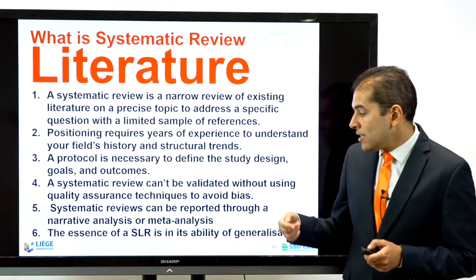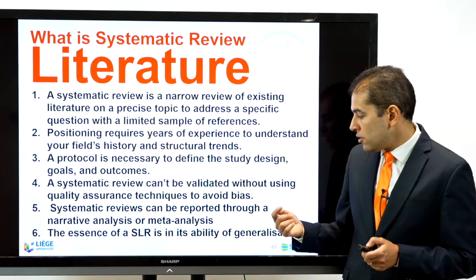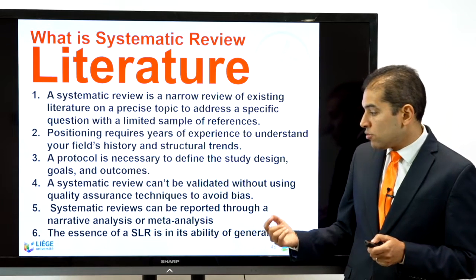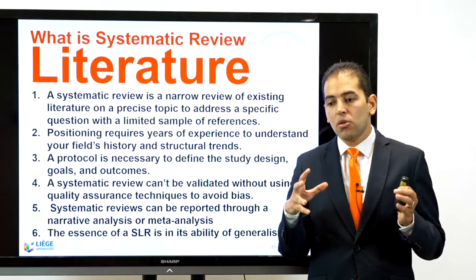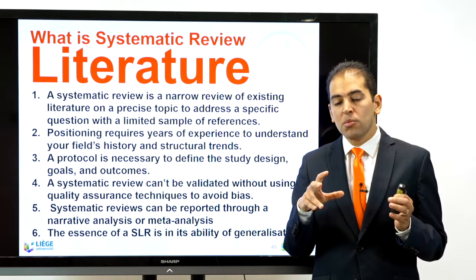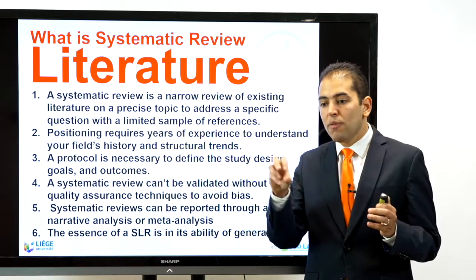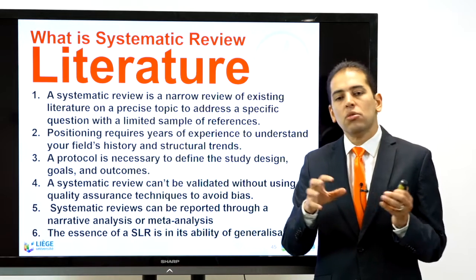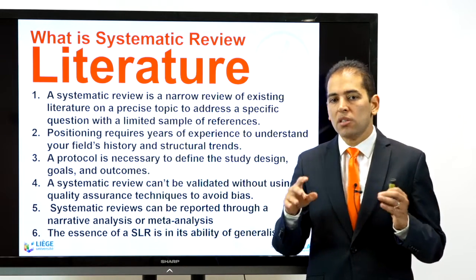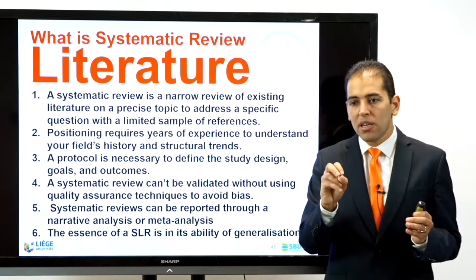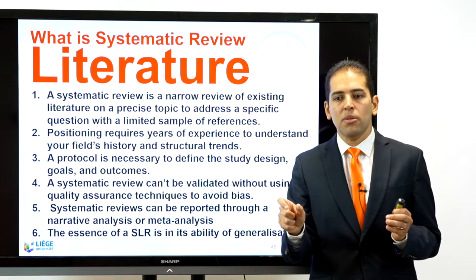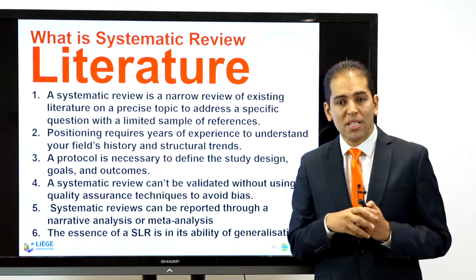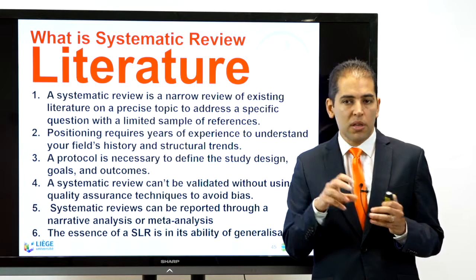And finally, the essence of a systematic literature review is in its ability to generalize the outcomes and to focus the outcomes based on the evidence that was found in several existing literature. And it's not about having here an overview or understanding. It's more about answering a specific question to generalize what is the best value or what are the parameter values that we found in a specific context or a specific problem.